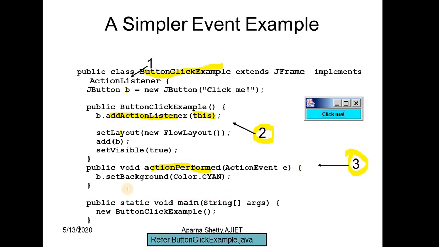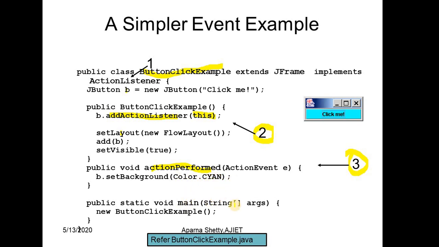This is step 3. The action performed is b.setBackground to cyan. So when that button is pressed, you need to set the background color to cyan.